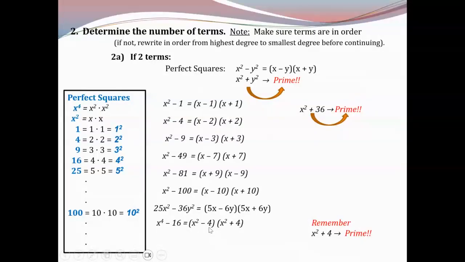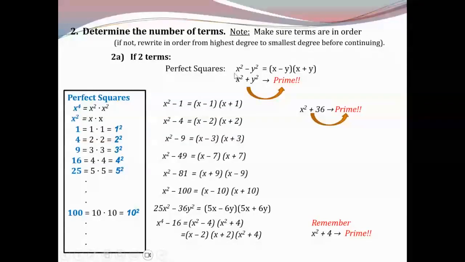But the x squared minus 4 can also be factored because x squared is a perfect square and 4 is a perfect square. So this will give us x minus 2, x plus 2, and we bring down the x squared plus 4. This is crucial for students taking Math 1314, because I believe in chapter 2 you'll be finding the zeros, and this is a very common use of finding the solutions of perfect squares. So this should be kind of simple, guys, if you know what perfect squares are.